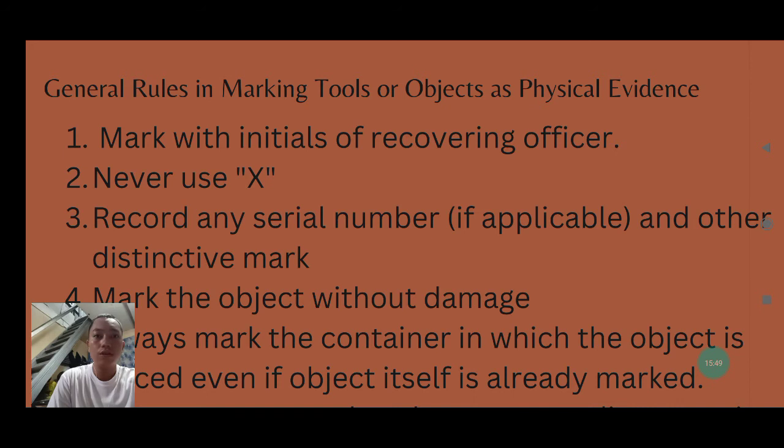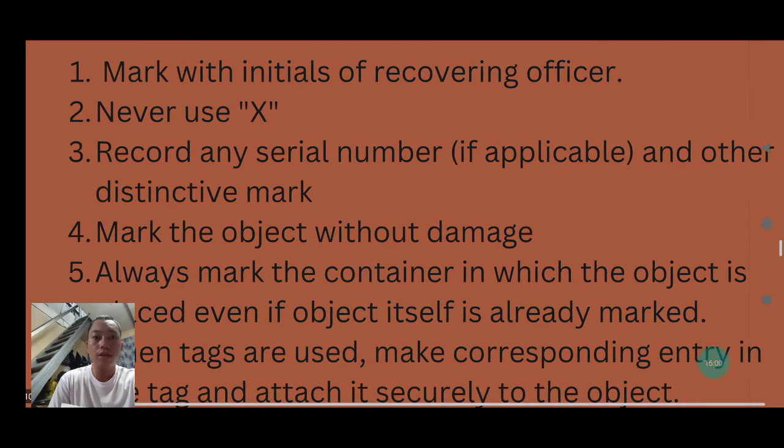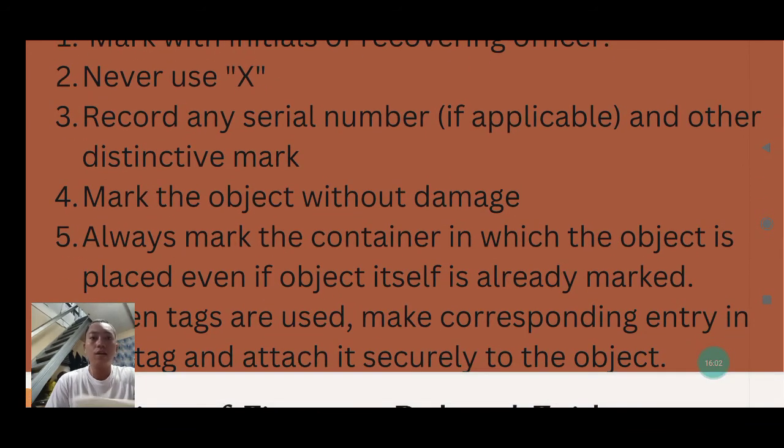General rules in marking tools or objects as physical evidence. 1. Mark with initials of the recovering officer. 2. Never use an X. 3. Record any serial number if applicable, and other distinct marks. 4.